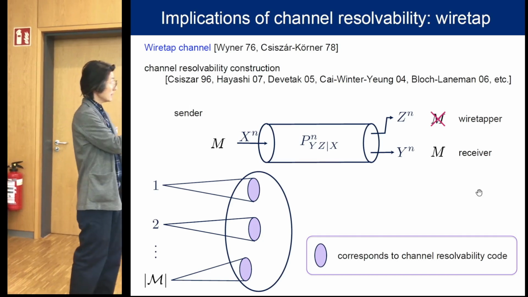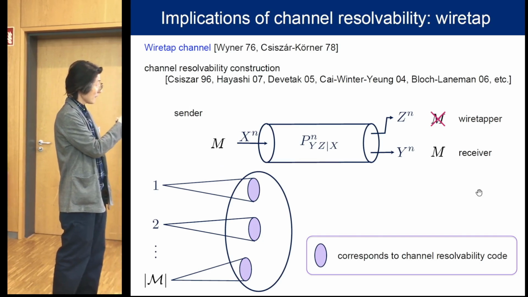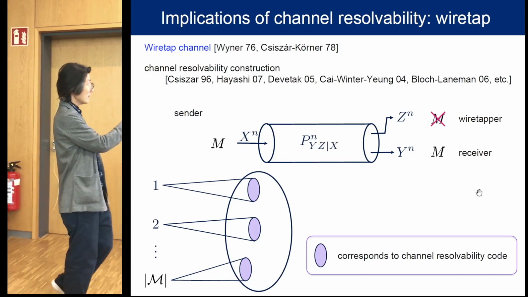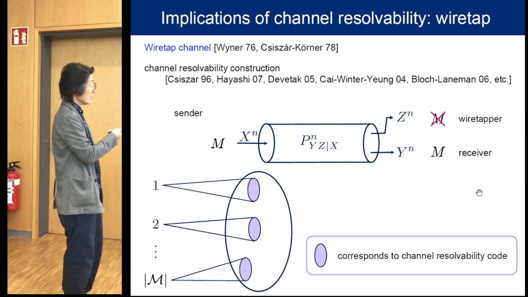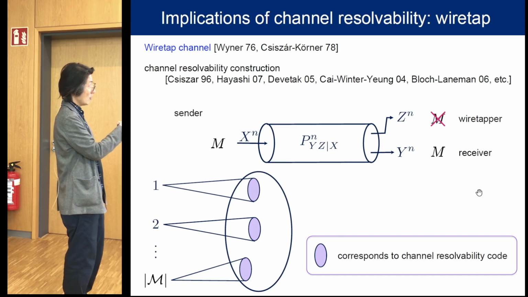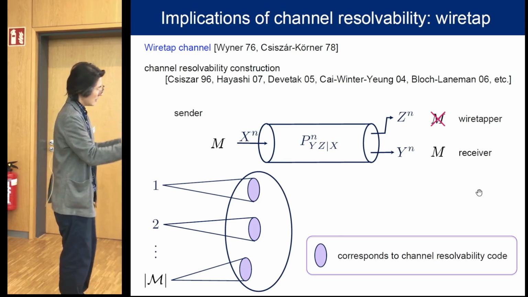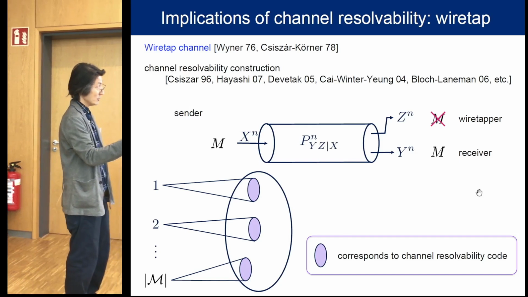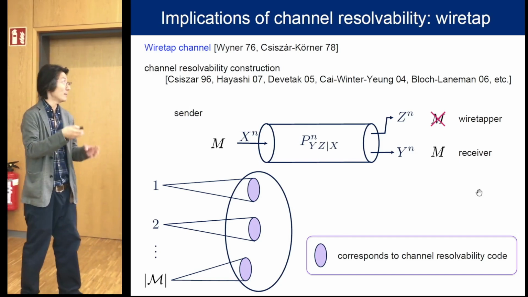And in the code construction of this wiretap channel, roughly for each message, we construct channel resolvability code so that output distribution of wiretapper will be close to some target distribution that does not depend on the message.